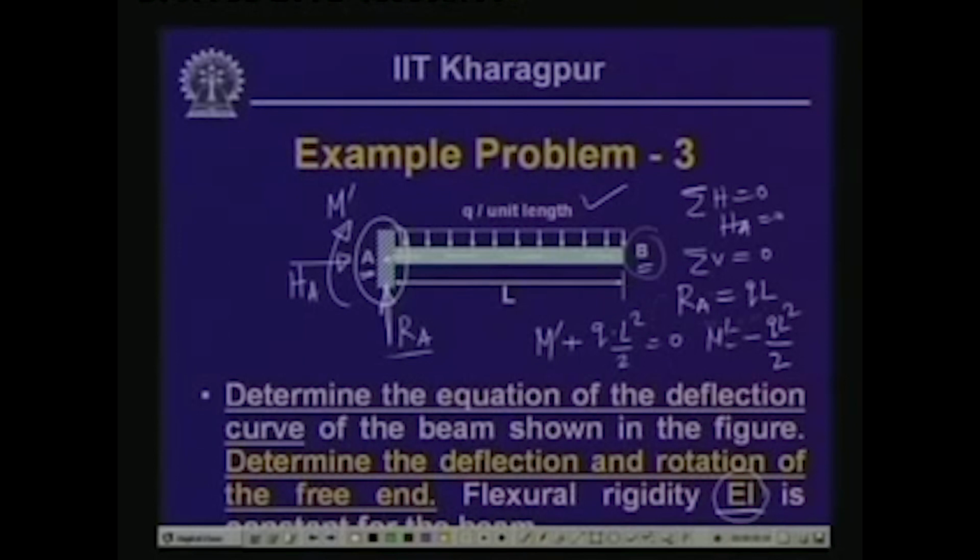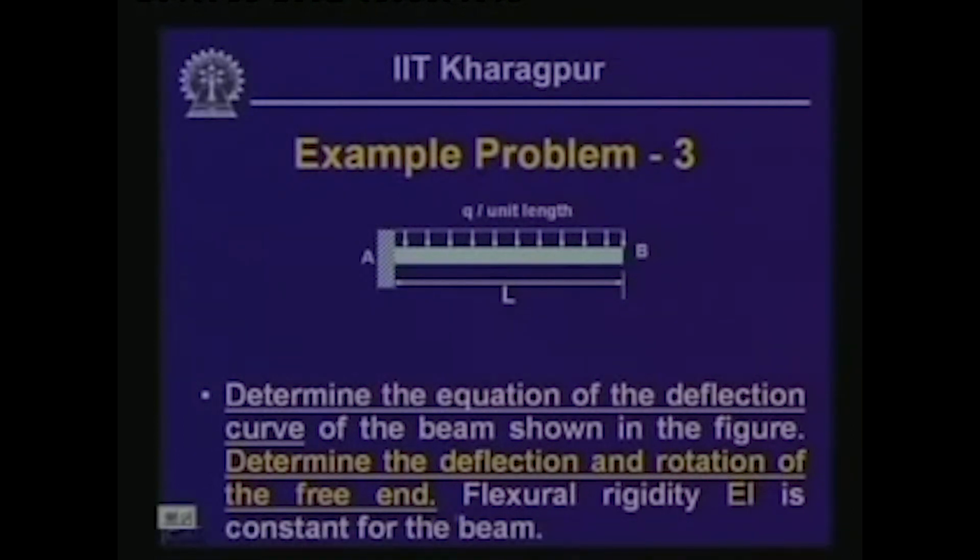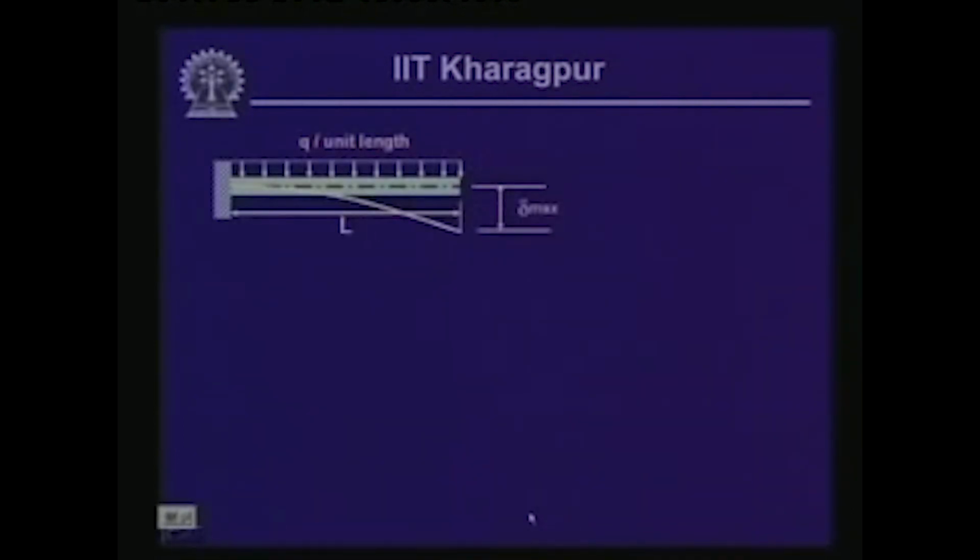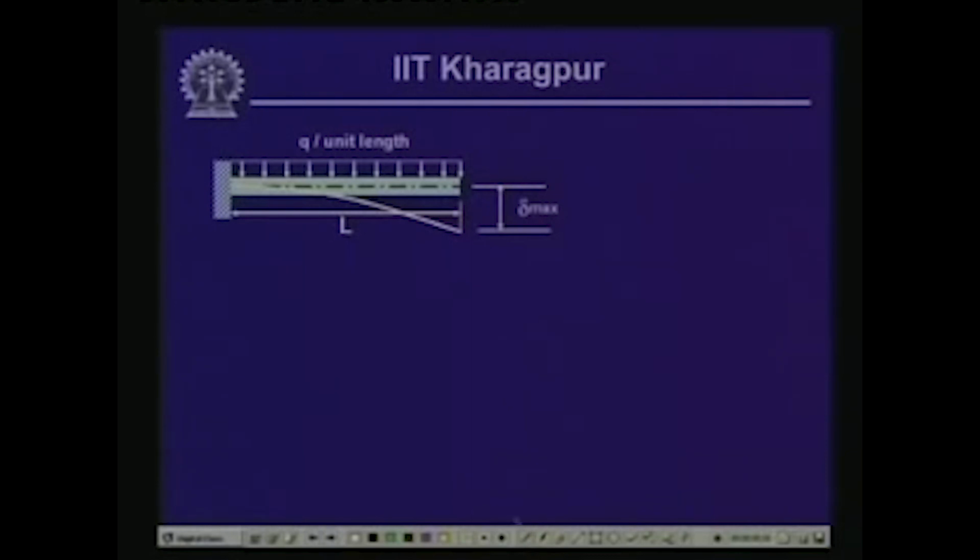So, you will have the value of RA as qL and M dashed as qL square by 2. Now, we follow the same steps as we have done earlier. That means now we have for this beam the reactive values known: RA equals qL, and the moment M dashed equals minus qL square by 2.